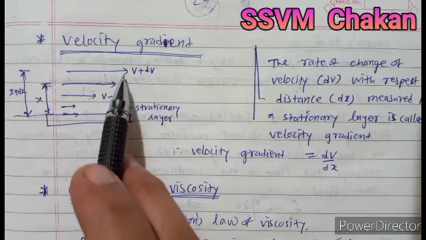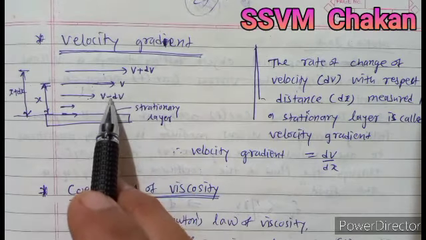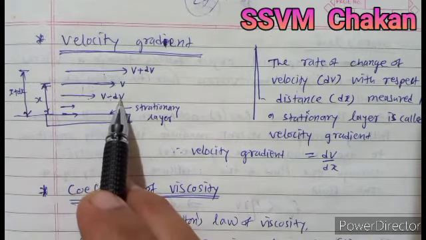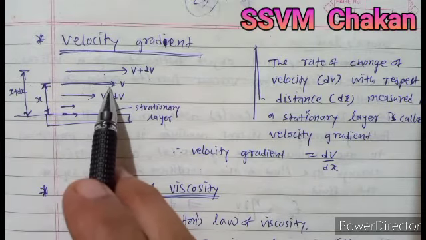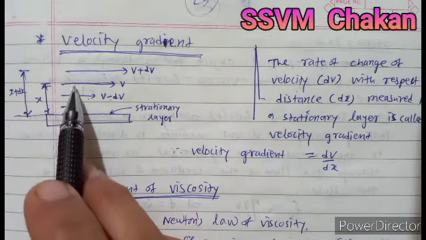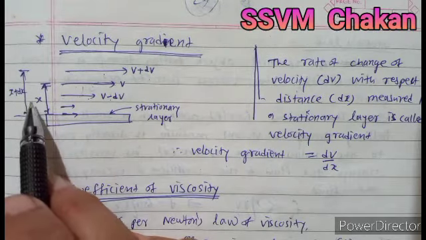The velocity of the above layer is higher, that is v plus dv, and the velocity of the below layer is less, that is v minus dv. The distance of this layer from the bottom is x and the distance of the next layer from the bottom is x plus dx.